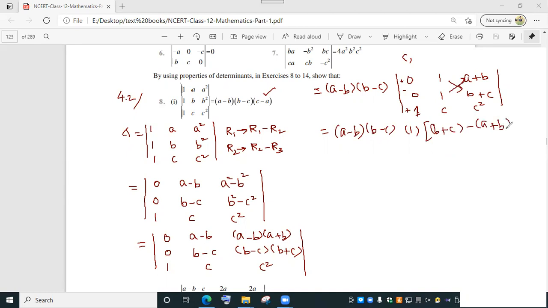So we get a minus b, b minus c, and b plus c minus a minus b, and b will cancel. We get a minus b, right hand side, a minus b minus c, and c minus a.